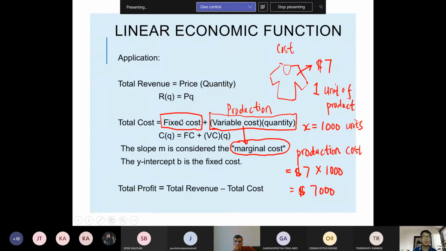For example, in Malaysia, in the last few months we had something called the Movement Control Order. Do you know what that is? It is because of this pandemic, COVID-19, that we are restricted from going out of our house.